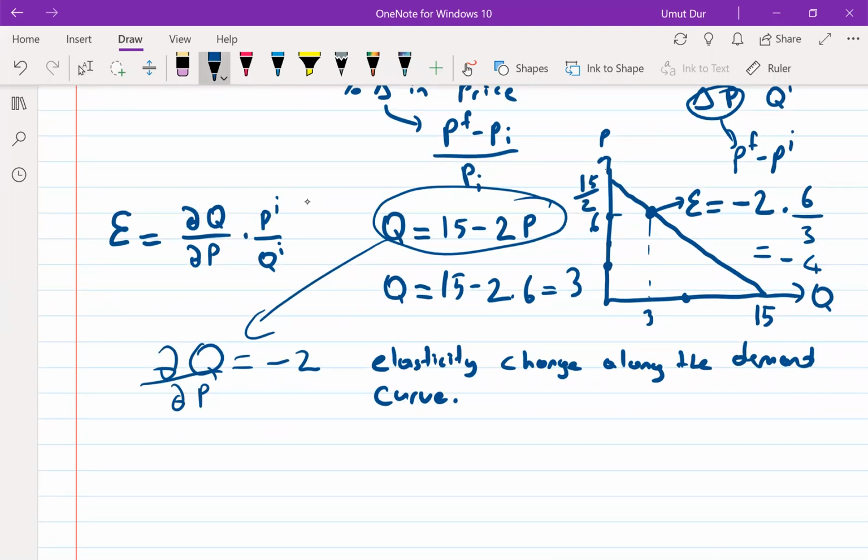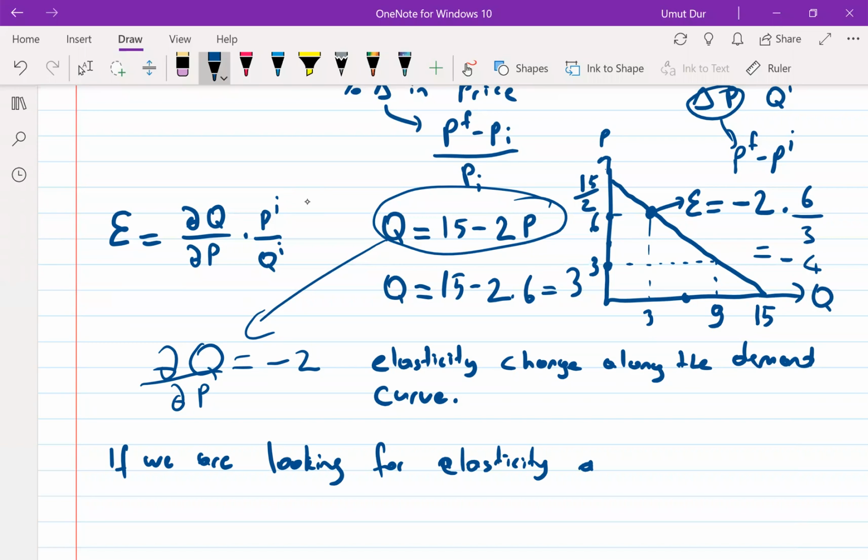Let's do one more example. Let's say we are looking for the elasticity where the price is 3. I need to find the corresponding quantity level, which is 9. Did I make any mistake? No. So we are looking for elasticity at p equal to 3 and q equal to 9.